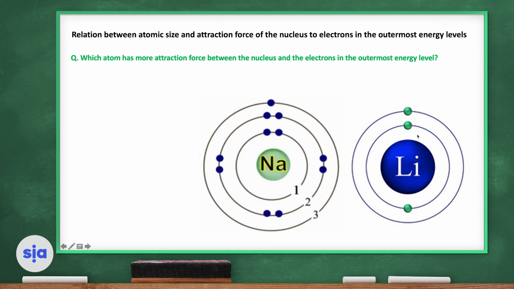Which atom has more attraction force, do you think? The atom with the smaller radius. So it's lithium because it's smaller than sodium. So this nucleus will have more attraction force for electrons.